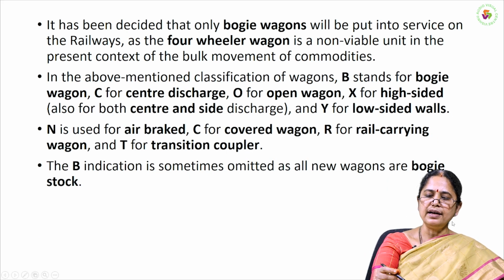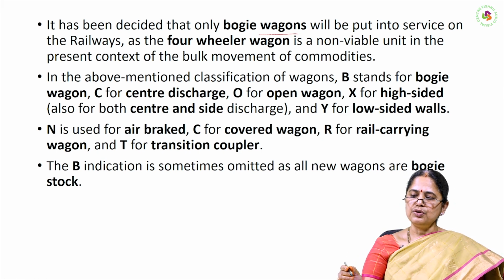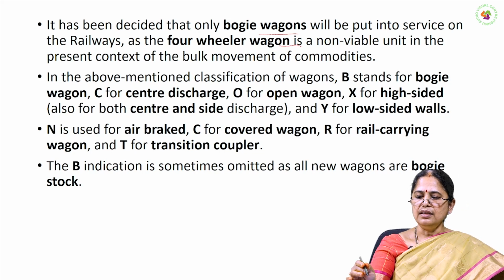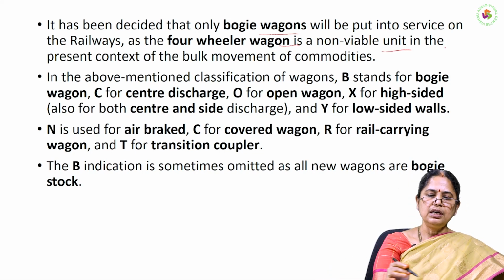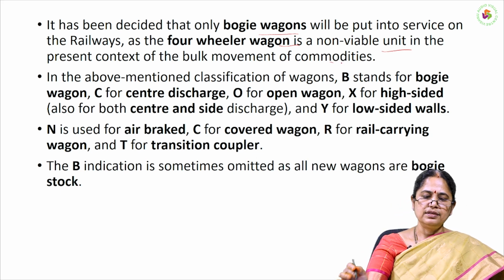It has been decided that only bogie wagons will be put into service on railways, as the four-wheeler wagon is a non-viable unit in the present context of the bulk movement of commodities.